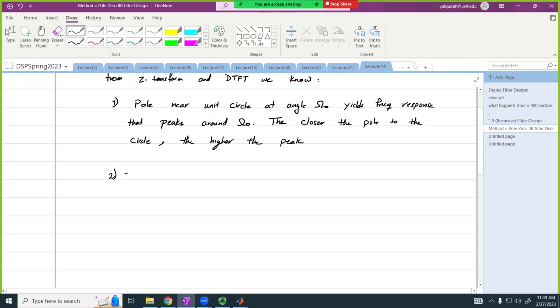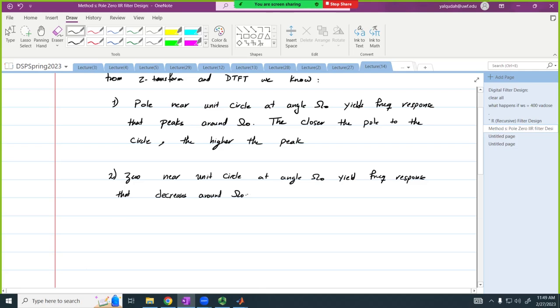Second, if we have zeros near the unit circle at an angle omega 0, it will yield a frequency response that decreases around omega 0.